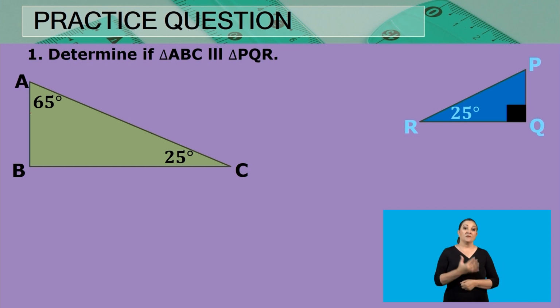We have been given angle A as 65 degrees and angle C as 25 degrees. Angle B is not given to us, but we can calculate it.